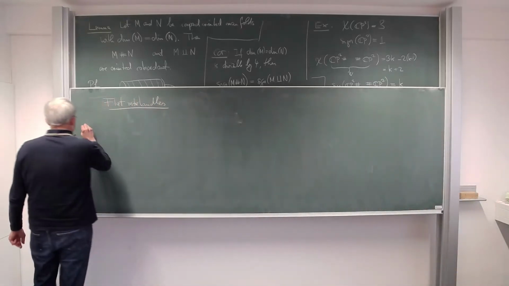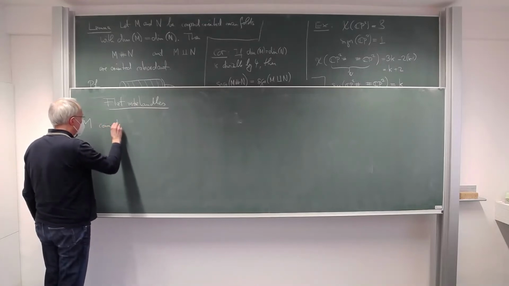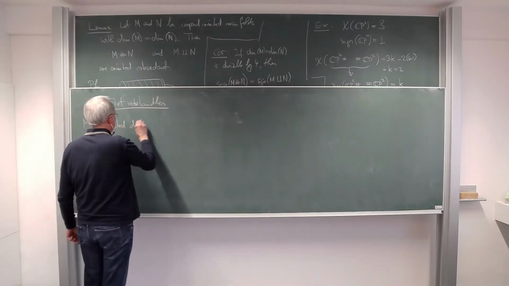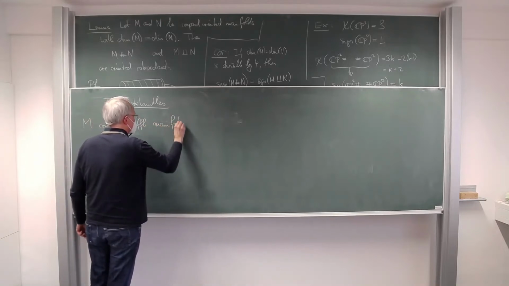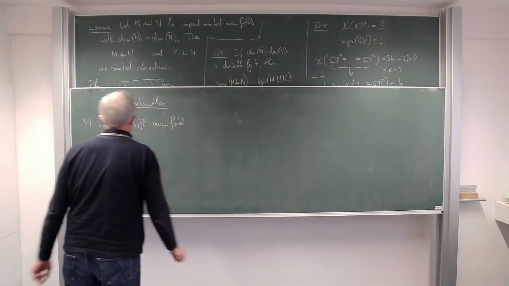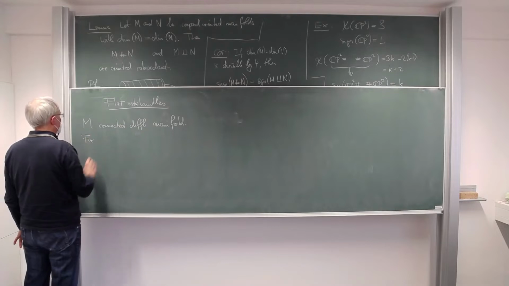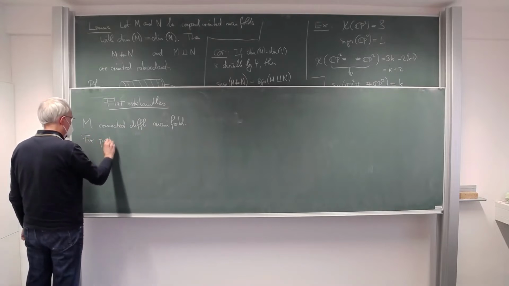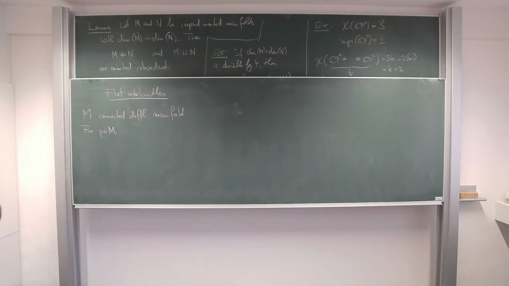Throughout the section, M is a connected differentiable manifold. And you fix a base point p in M, because the definition of the fundamental group comes with a choice of base point.